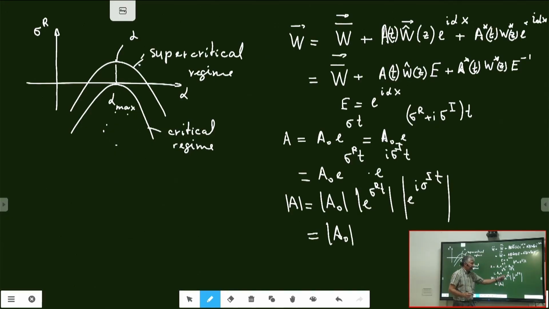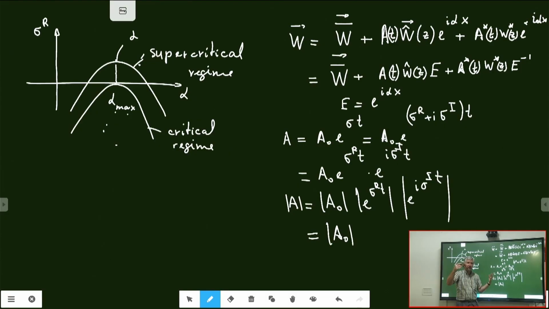Can we simplify this somehow? So what do we know about the exponential function? Real exponential function. What are the values of the real exponential function? How does the exponential function behave? What is the range of the exponential function? So what does it produce?